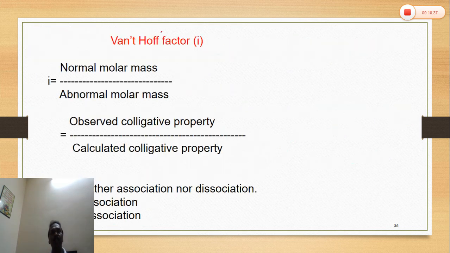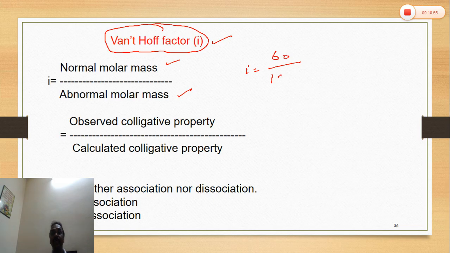Now, to explain this abnormality, the scientist Van Hoff suggested a factor called Van Hoff's factor. Van Hoff's factor, that is i, is equal to normal molar mass by abnormal molar mass. In the case of acetic acid, normal mass is 60, but we are getting 120.